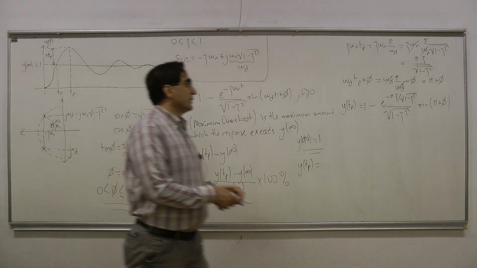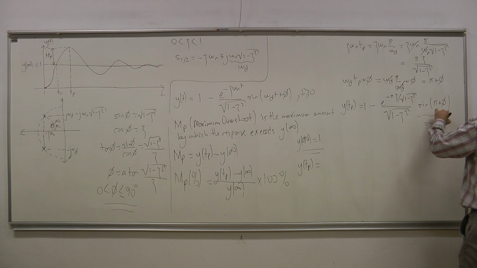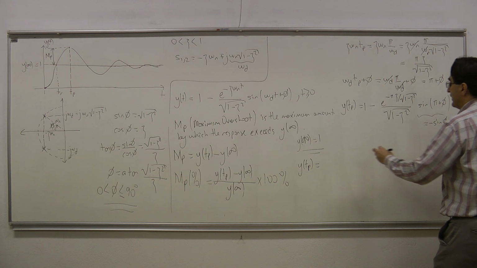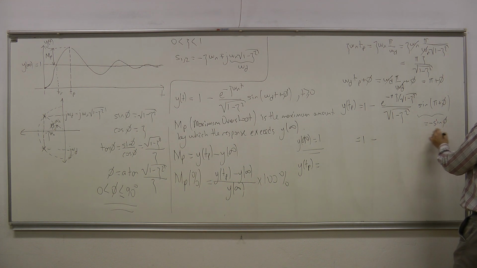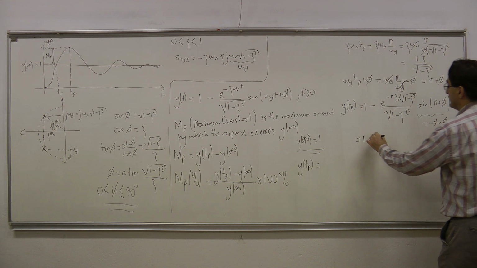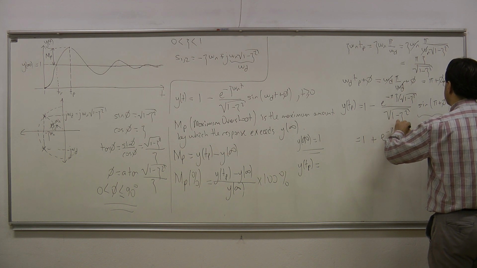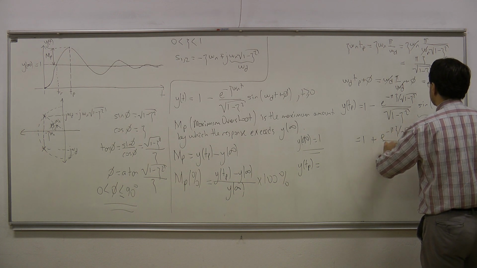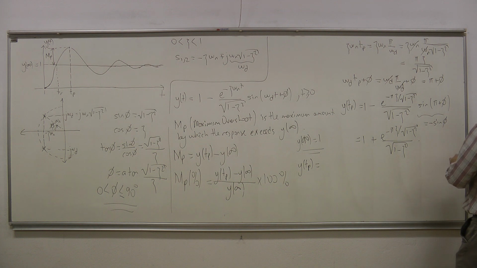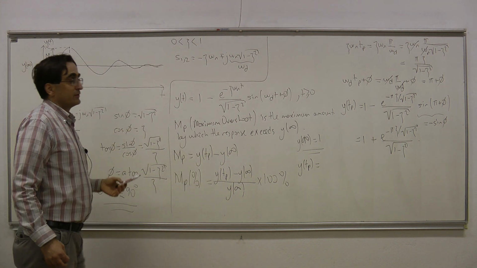This is going to be actually the negative sine function. So this is equal to minus sine phi. And that is going to give me 1 minus. So this minus sign is going to be cancelled by this minus here. So that is going to be plus e to the minus pi psi over square root 1 minus psi square, divided by square root 1 minus psi square, times sine phi. And sine phi is square root 1 minus psi square.